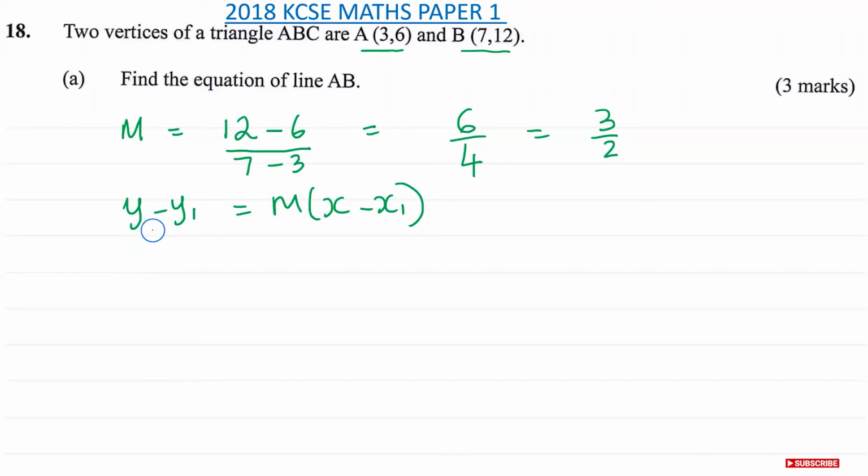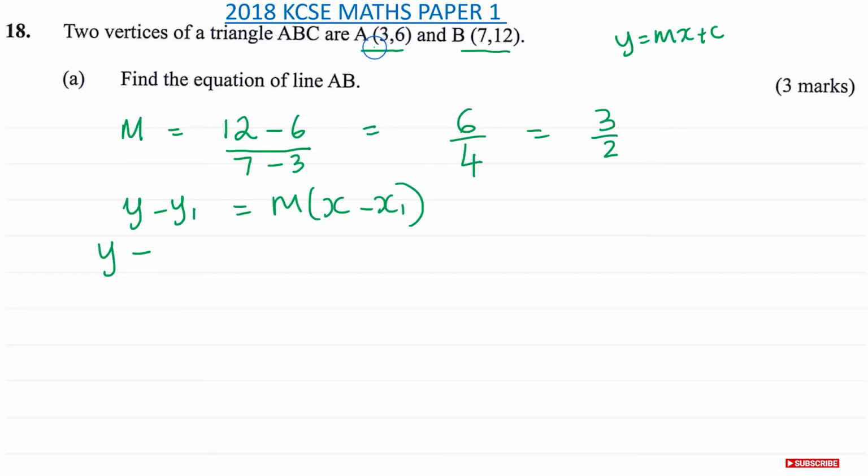The other way of doing it is using y equals mx plus c, then you use one of the coordinates to find the y-intercept. So in this case, we're going to do y minus y1, and we can use any of these coordinates.